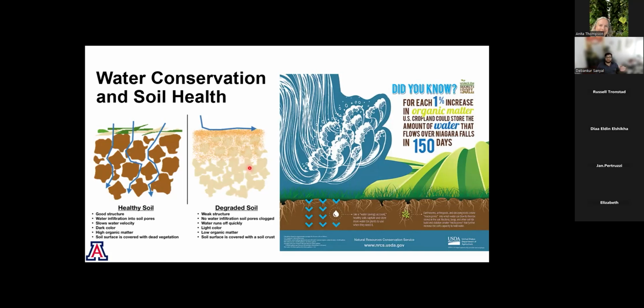You need a nice balance of both larger pores and smaller pores. This is a perfect structure because you can see the water can move easily. Here, water is kind of stuck somewhere, it's ponded. So a healthier soil should provide enough channels and pathways for water to move freely, and also to store water.